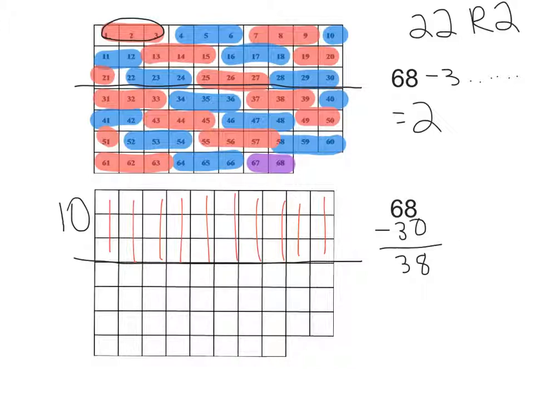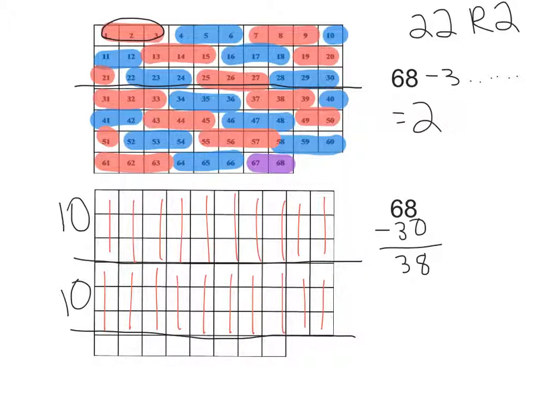So I look and say, oh, I can divide again, 10 groups of 3, and subtract the 30 again. So that means I only have 8 left.